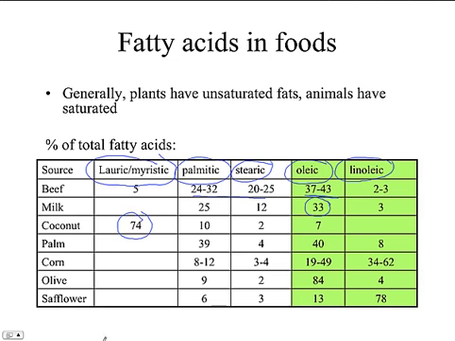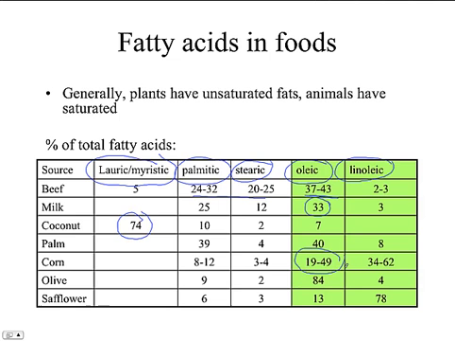Corn oil, on the other hand, contains very little saturated fatty acids, generally less than 20% saturated fat. It's got a fairly high amount of oleic acid and a fairly high concentration of linoleic acid. Depending upon when the corn is harvested, the amounts of oleic and linoleic will vary quite greatly.